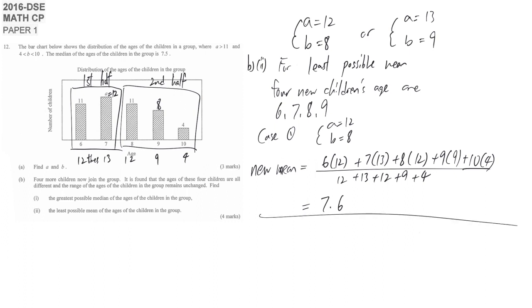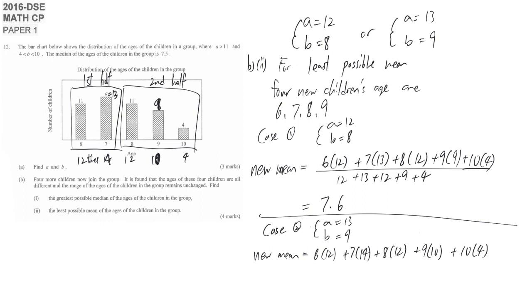We finish one case, and we continue to repeat the same thing for the other case. If A is equal to 13, B is equal to 9. So this is 13 and 9, so the new numbers are 7 appears 14 times, 9 appears 10 times after we add 4 new children. So 6 appears 12 times, 7 appears 14 times in this case, 8 appears 12 times, 9 appears 10 times, 10 appears 4 times.